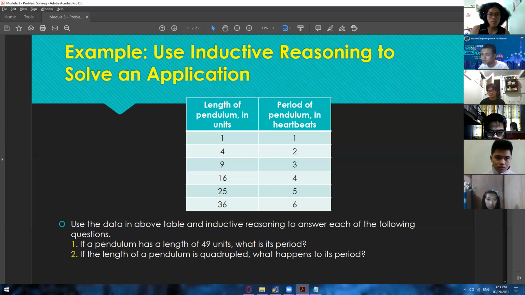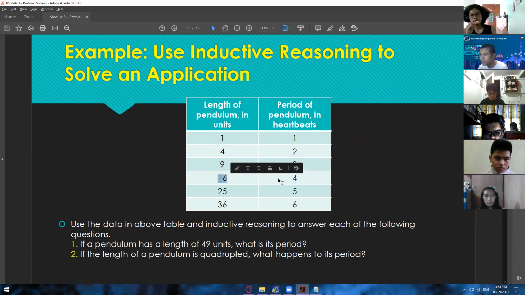Okay, so I was actually looking for another question, but I don't know how to ask that one. But if it's quadrupled, your heartbeat will double. So if you take a look at this one also, the 4 was quadrupled, so the heartbeat will also double.